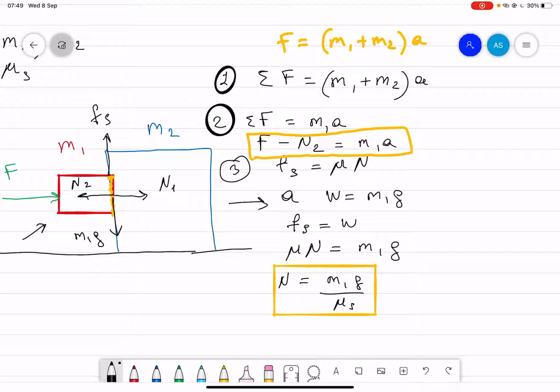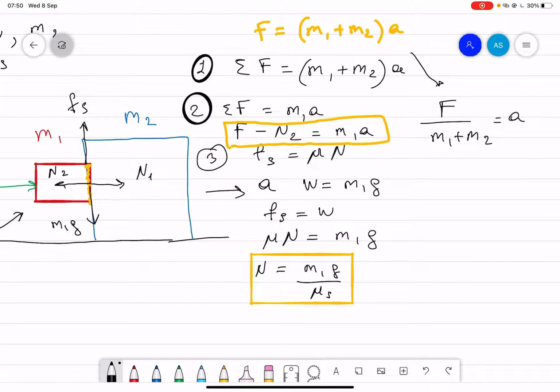So from here we can say that F divided by m1 plus m2 is equal to the acceleration, and then you can take that acceleration and plug it in here.